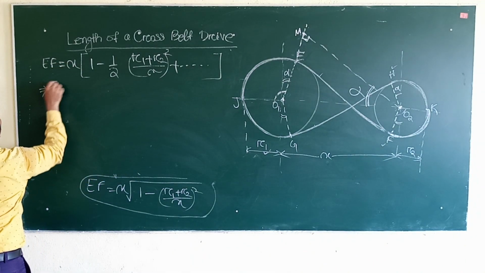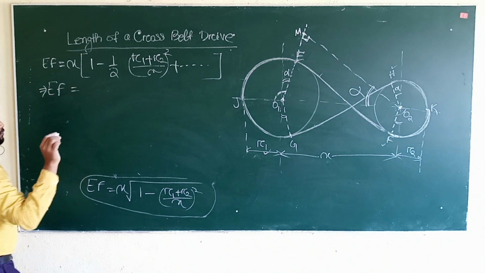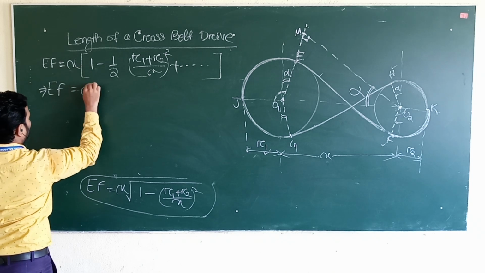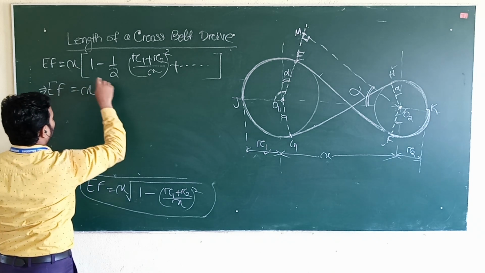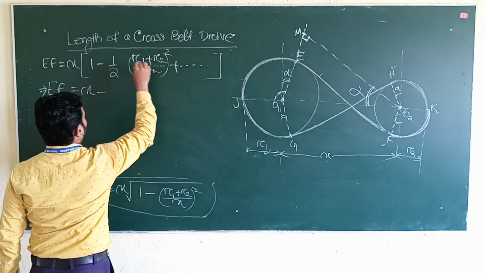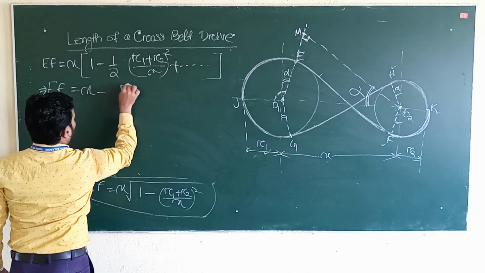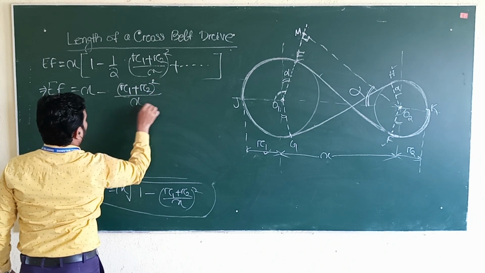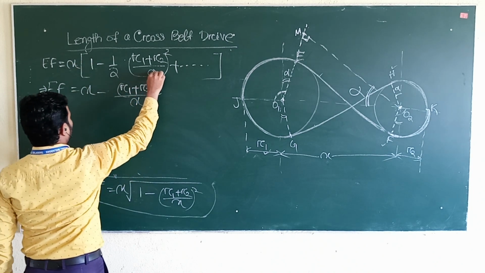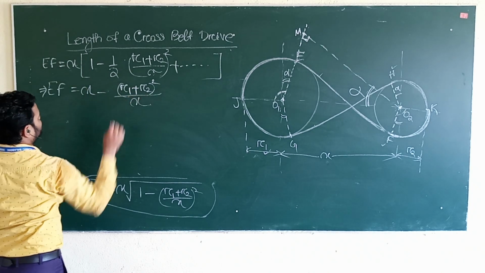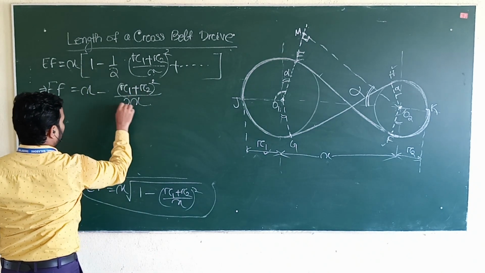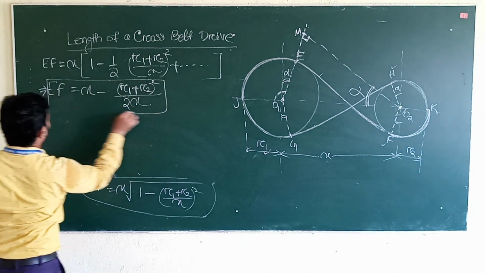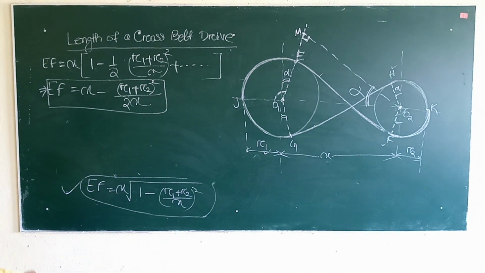Multiplying x with 1 gives x. Multiplying x with the second term, x square into x is cancelled, and the remaining part is (R1 plus R2) square divided by x, times half, that is 2x. So this is the simpler form after expanding with the binomial theorem.